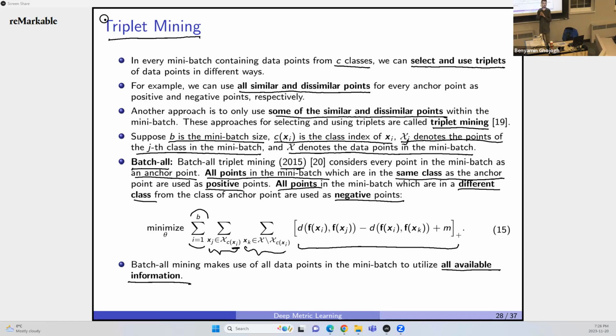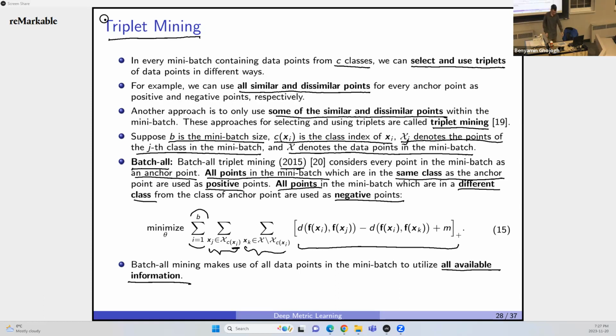I take it as a similar point because the network should push that toward the anchor, but it is very far away. So it's the hardest case, right? What about the negative? The hardest case is that the negative is closest to the anchor, right?